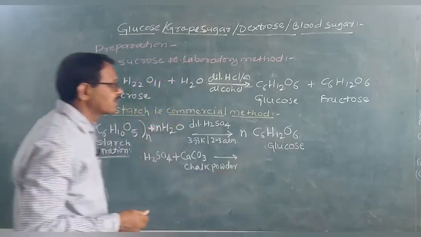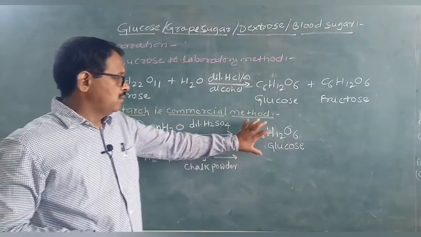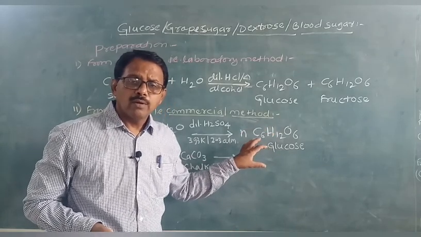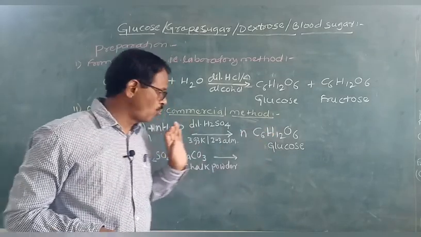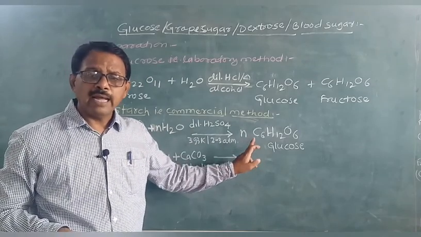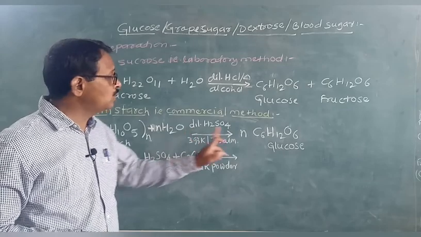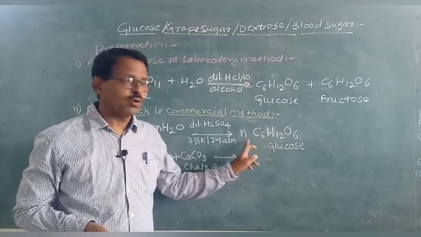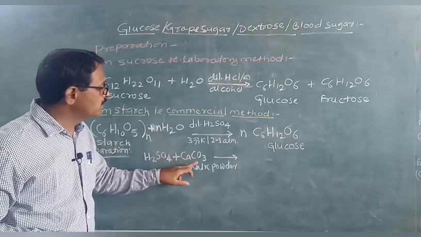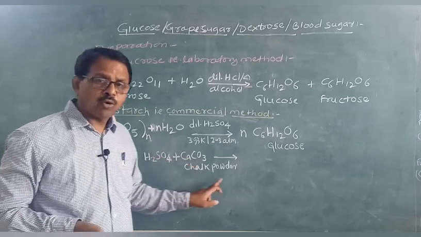Now here it is glucose. This mixture contains glucose plus unreacted H2SO4. We have to remove that excess of H2SO4 from the glucose, so that mixture is treated with calcium carbonate, that is chalk powder.